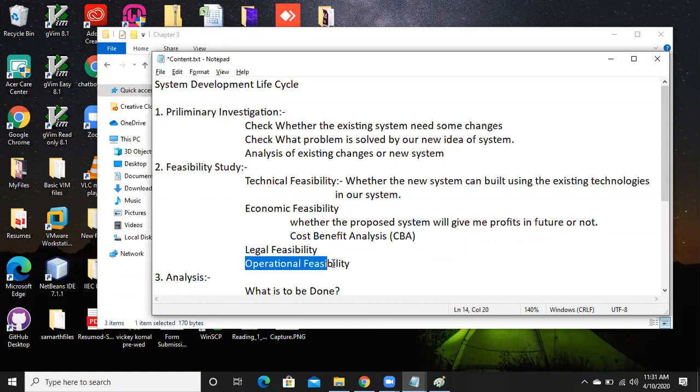Now our next feasibility, and the last feasibility, is the operational feasibility. In this feasibility we will check whether the system will be used if it is developed.